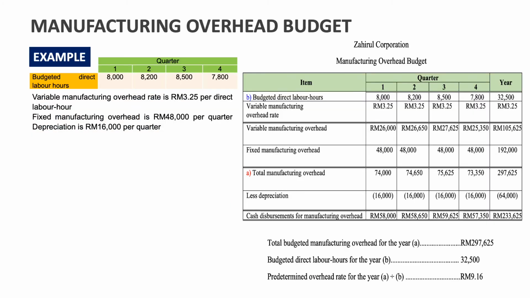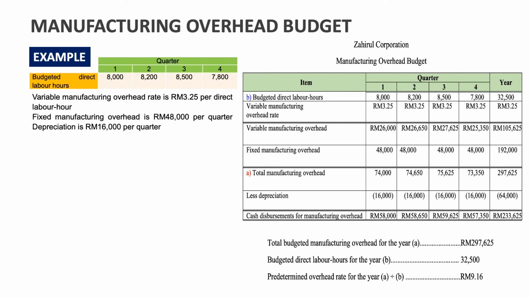Now, manufacturing overhead. So the budgeted direct labor hours, because most of the manufacturing overhead budget will be based on the direct labor hours. So the direct labor hours are given to you according to the quarter. So you just need to transfer the information there. Budgeted direct labor hours, 8,000 for quarter 1, 8,200 for quarter 2, and so on.